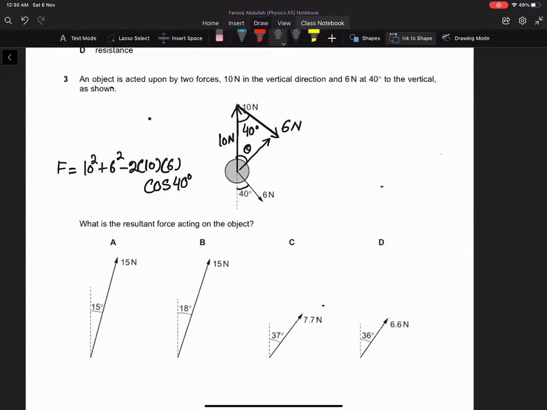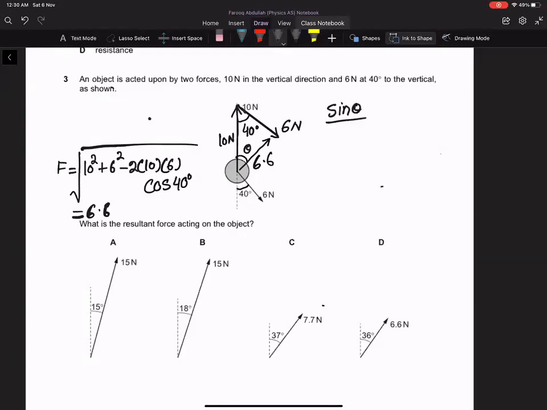The answer is 45, and we take the square root of this, which is 6.6.